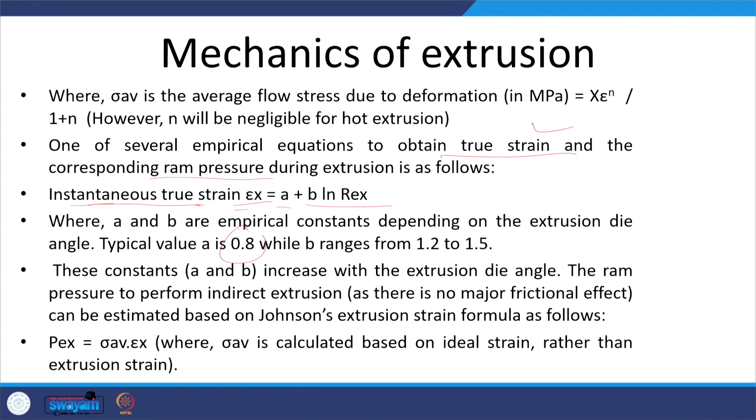A is a constant, 0.8, and B ranges from 1.2 to 1.5 depending upon the extrusion die angle. These constants A and B increase with the increase of die angle. The ram pressure to perform the indirect extrusion can be based on Johnson's extrusion strain formula, which is this, PEX into the average stress and the true strain, where the average stress is calculated based on the ideal strain rather than the extrusion strain.